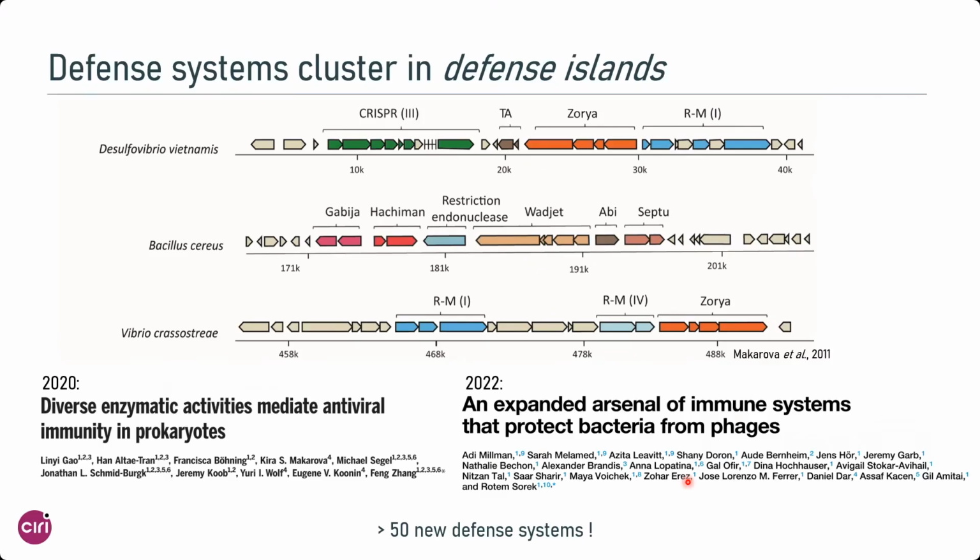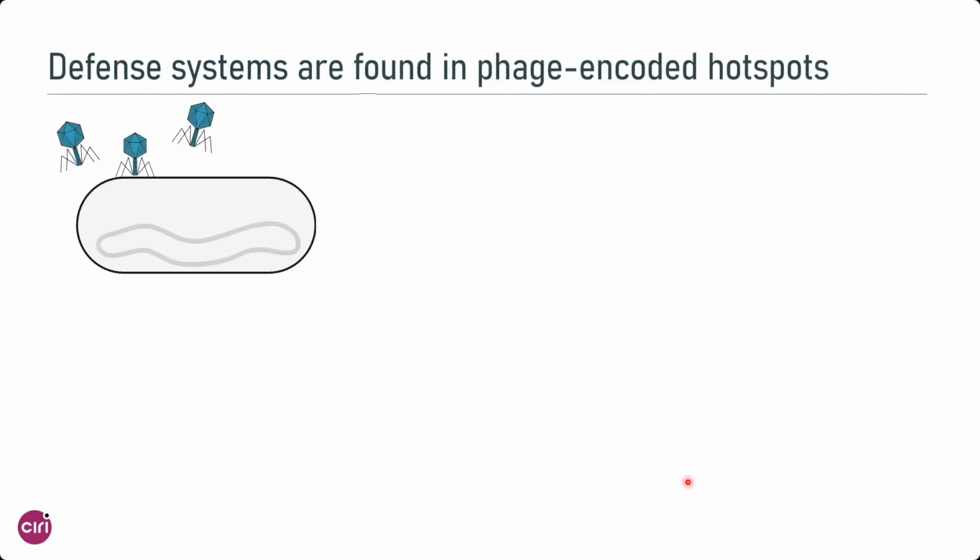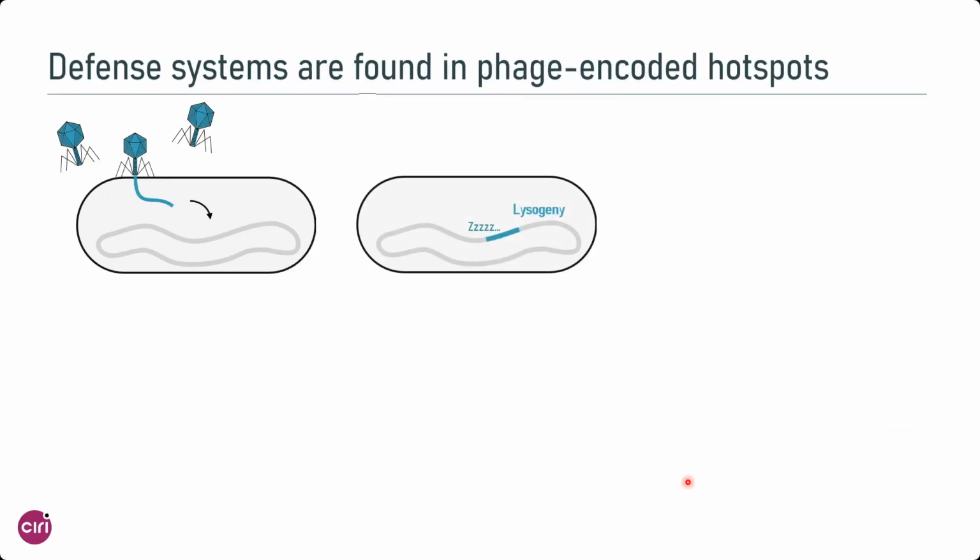Beyond defense islands, it seems that another source of defense systems against phages and against mobile genetic elements in general is mobile genetic elements themselves, and especially phages. I mentioned initially that some phages are called temperate phages. During infection, they can integrate their DNA within the bacterial chromosome.